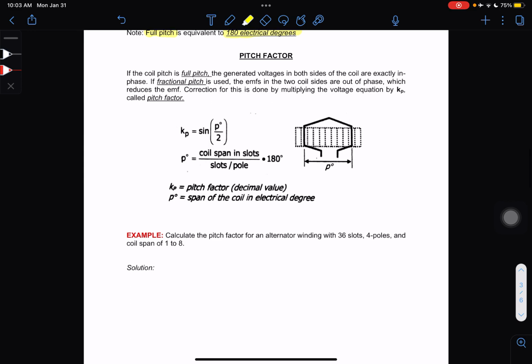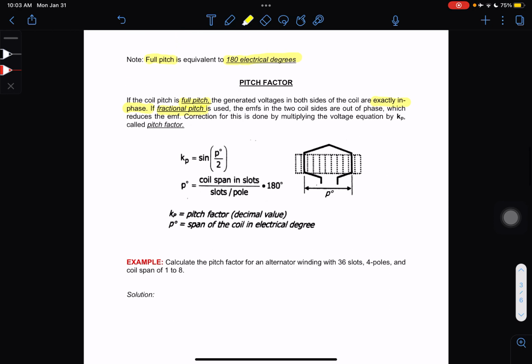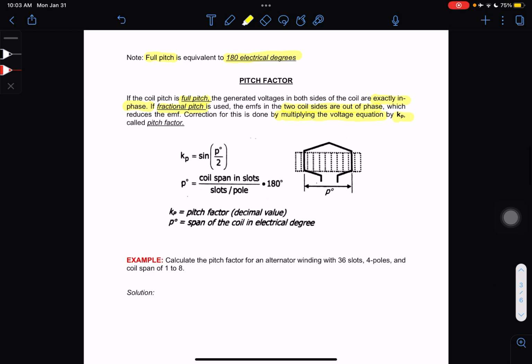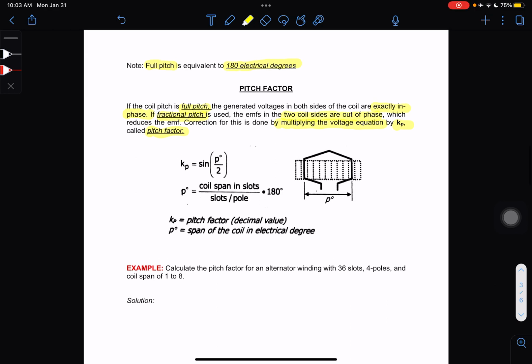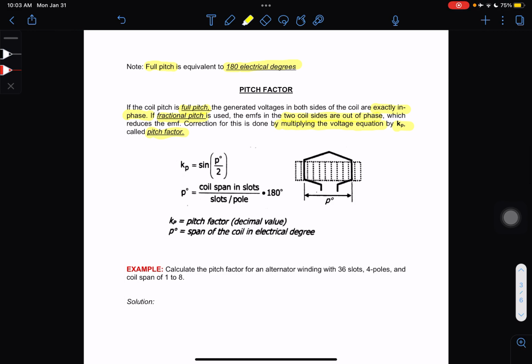And for our pitch factor, if the coil pitch is full pitch, take note, the generated voltage in both sides of the coil is exactly in phase. If fractional pitch is used, the EMFs in the two coil sides are out of phase, which reduces the EMF. Correction for this is done by multiplying the voltage by Kp, called the pitch factor.